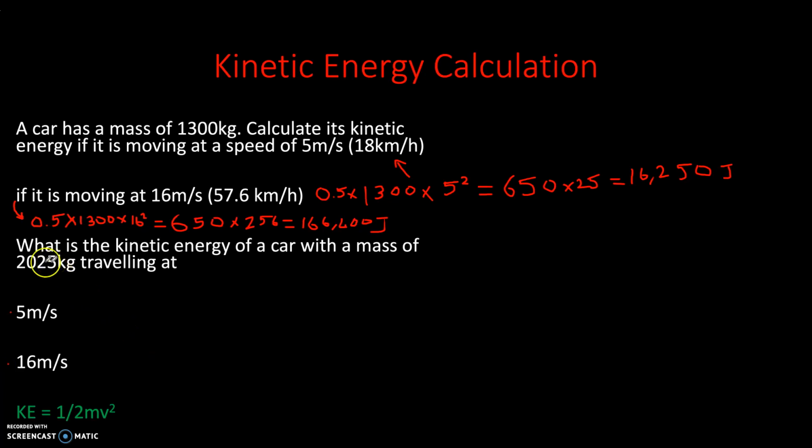So this time I've got a much heavier car. So I'll go 0.5 multiplied by 2,025 kilograms multiplied by 5 squared. Okay, so that's equal to 0.5 multiplied by 2,025 kilograms.